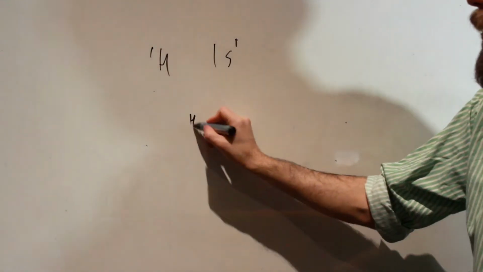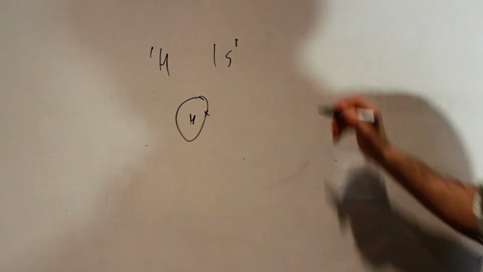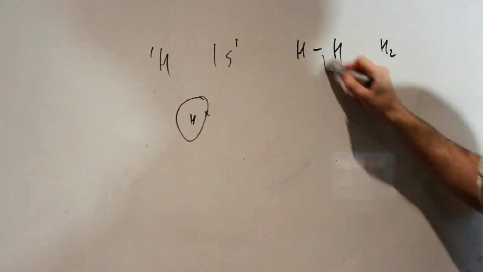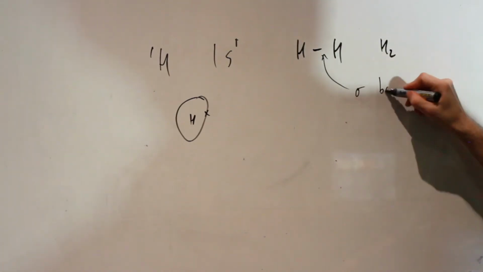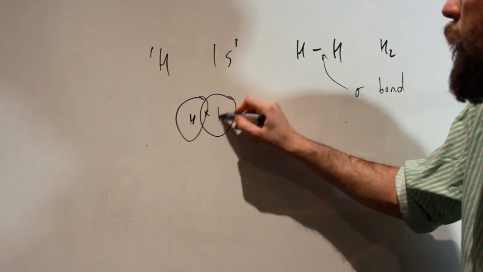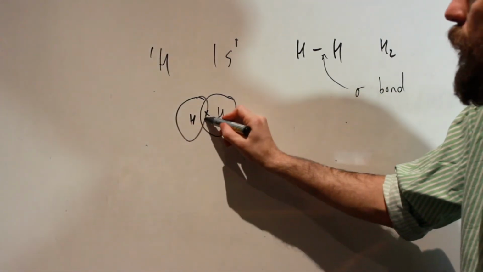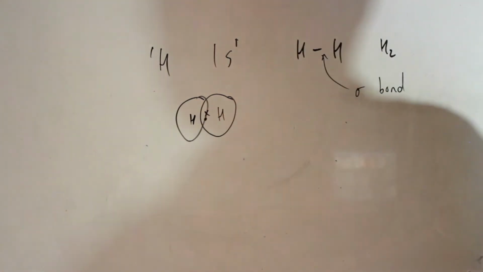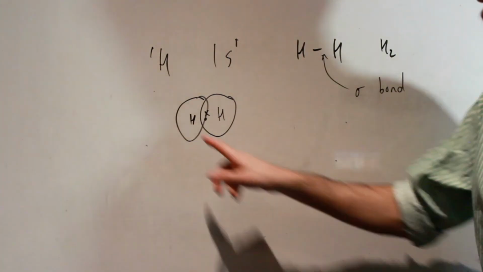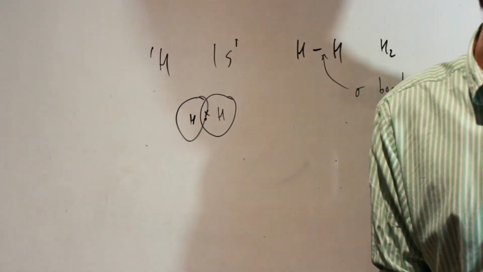So if I draw a hydrogen with one lonely electron, if we have hydrogen gas, which I drew before, H2, like that, we said that we have one sigma bond present. So what we get is an overlapping of two orbitals of two hydrogen atoms to form a covalent bond, a shared pair of electrons. So we know this hydrogen has a 1s1 electron, this hydrogen has a 1s1 electron as well.